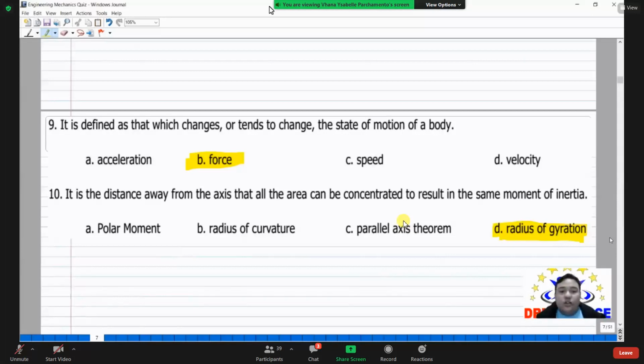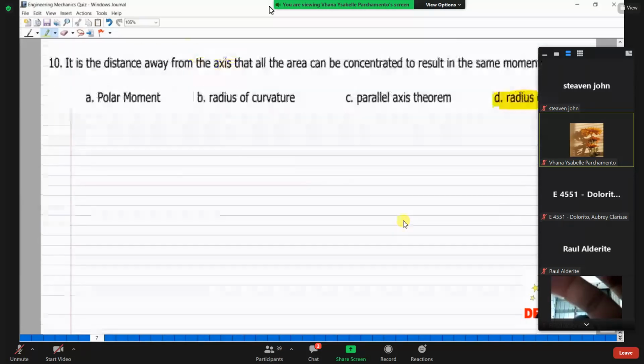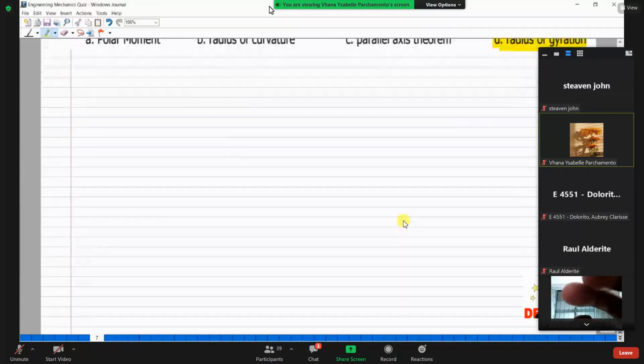So for the radius of gyration, so that is associated with moment of inertia. So mag-i-equal siya do sa ating mass moment of inertia. Okay. Kapag yun yung ginamit rin. Makikita natin mamaya yan, may mga sample problems tayo dyan.